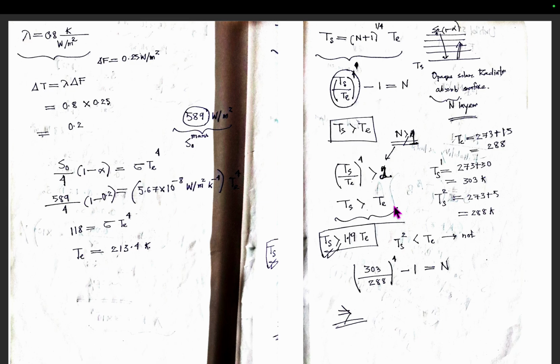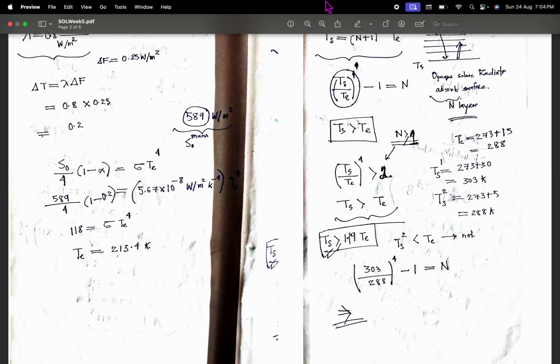Now this 2 to the power 1 by 4, or 2 to the power 0.25, this factor comes around 1.19. So for any n-layer model, Ts must be greater than 1.19 into Te, or about 1.2 times Te.